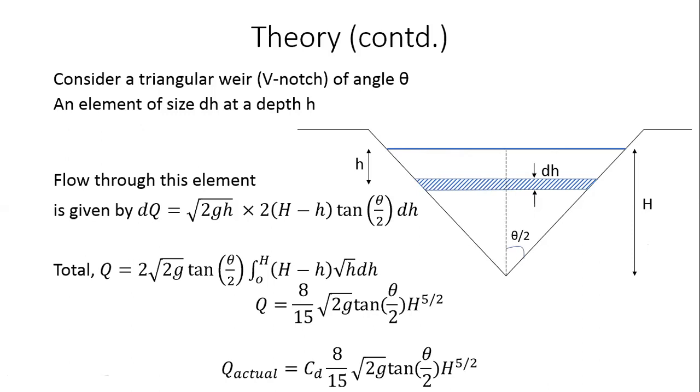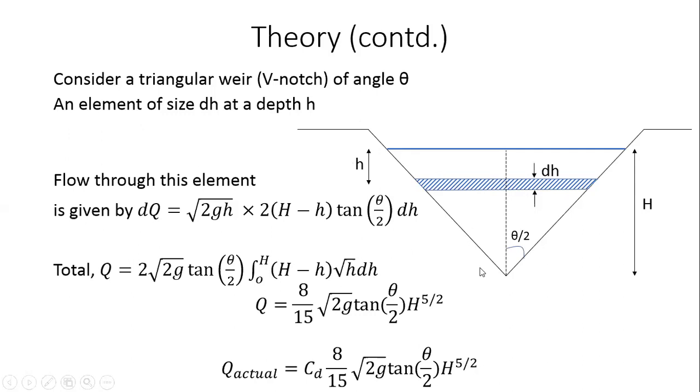The only difference is that in the case of triangular, you will get h power 5 by 2. In the case of rectangular, you will get h power 3 by 2, right? Because in the case of triangular, the top width of this elemental surface depends on small h, whereas if it's a rectangle, this top width is independent of small h. So you will get h power 3 by 2 multiplied by the width of the rectangle.